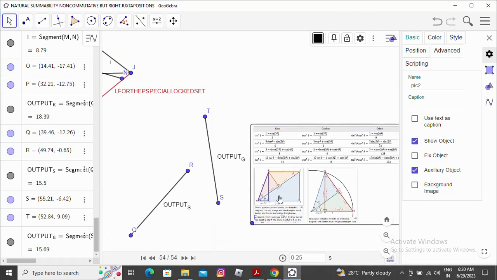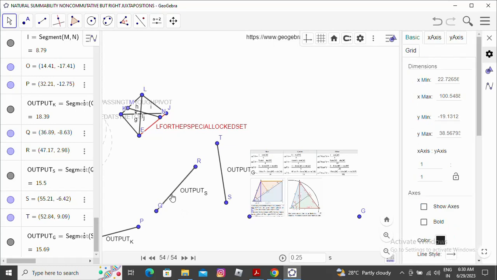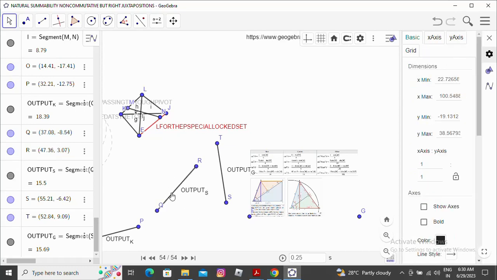So when we are translating, rotating, scaling, or mirroring any line segments, not only are these output line segments transformed, all of the entangled line segments connected with these output line segments are transformed in the same way.